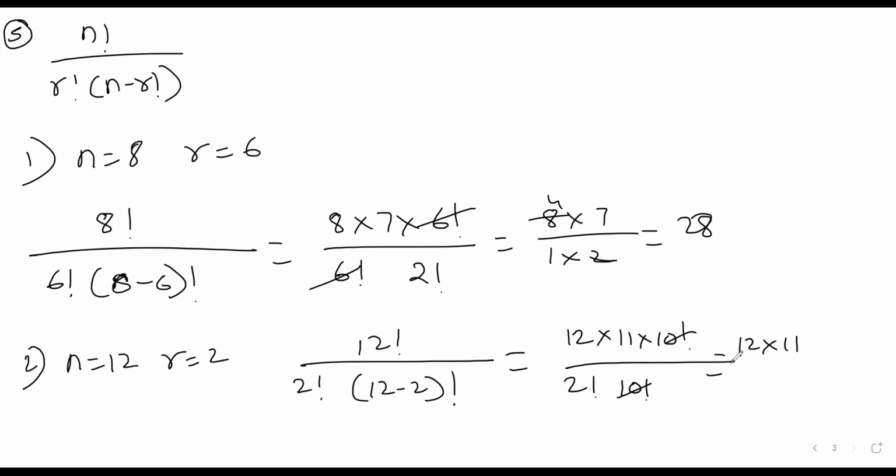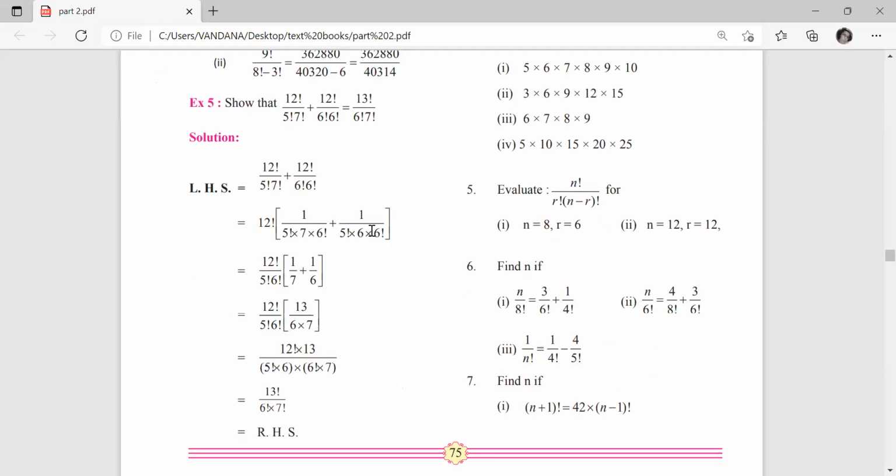So 12 into 11 upon 1 into 2. Your answer is 66. It's first and second. Okay, we have to do question number 6, but I think before that you should write about question 4 and 5.